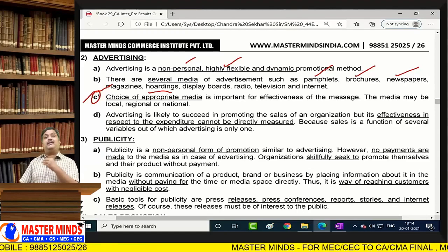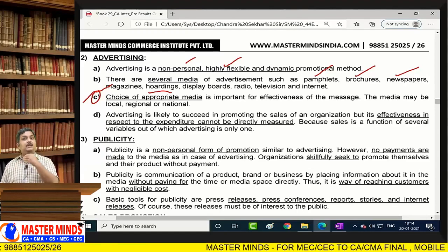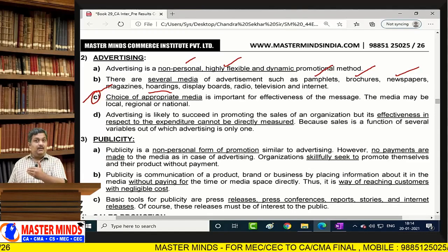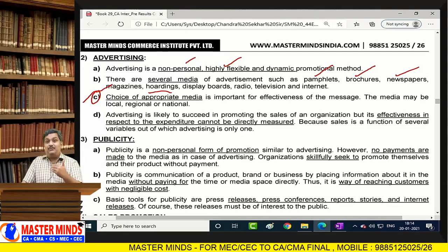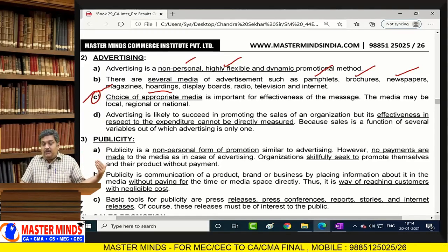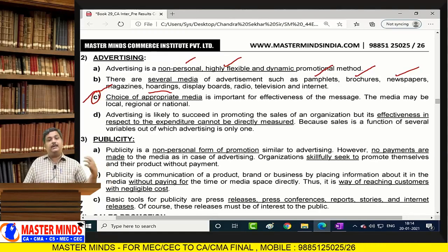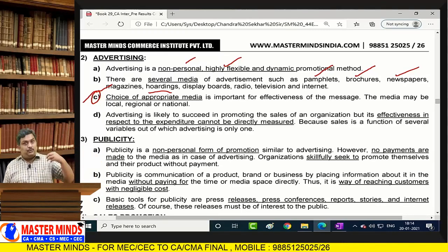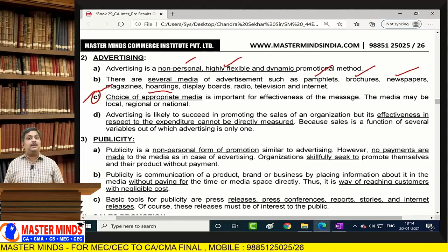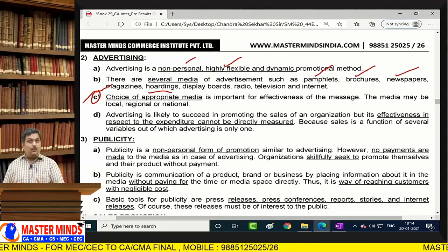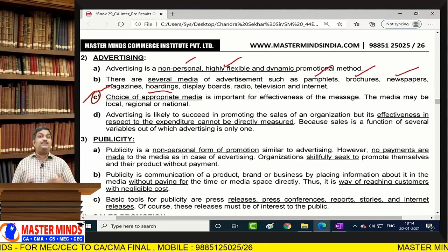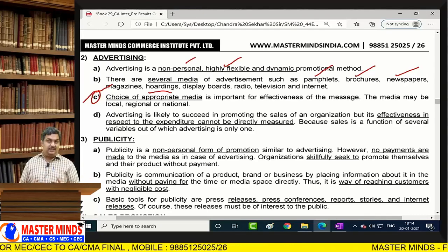For example, if your target audience is youth, then how will you approach them, how will we reach them, how do youth spend their time? Do they watch TV more, or do they use social media, or do they have any habit of reading newspaper? Like this, you have to know, and you have to select the right media to reach your target customers.